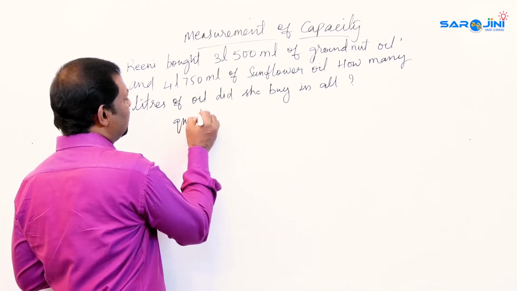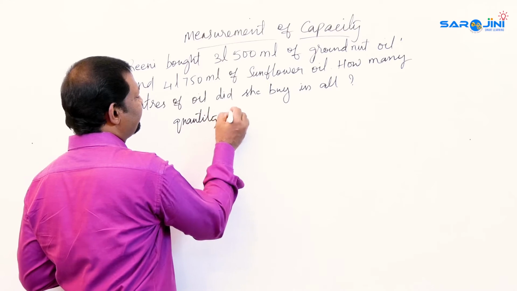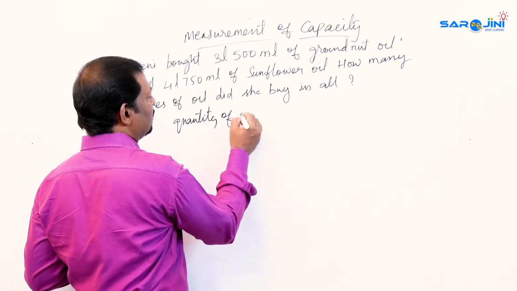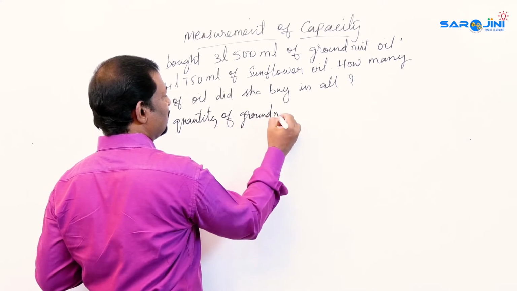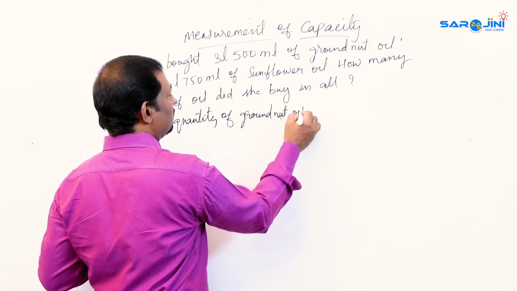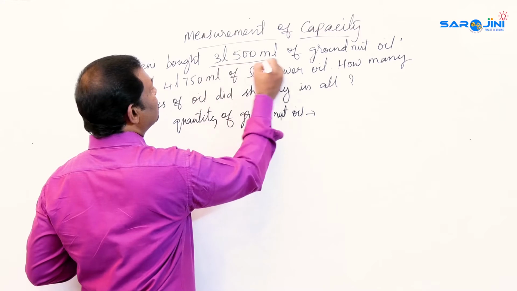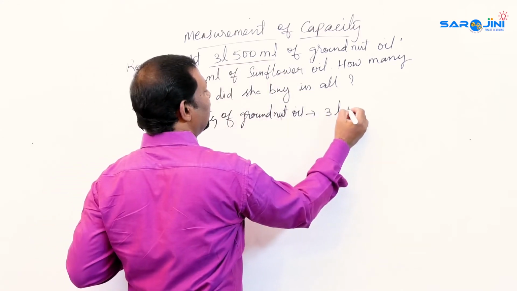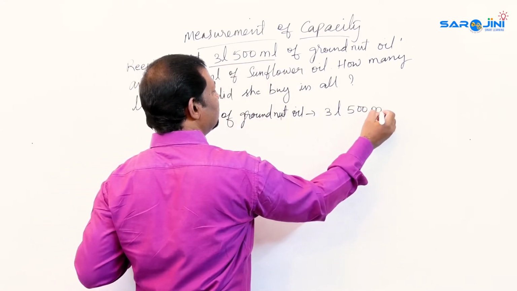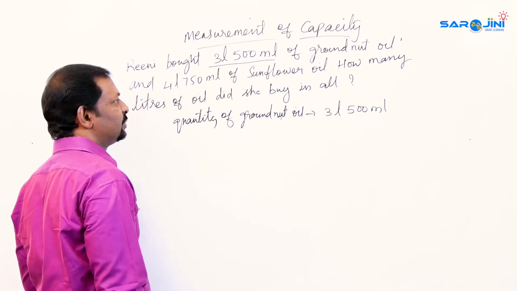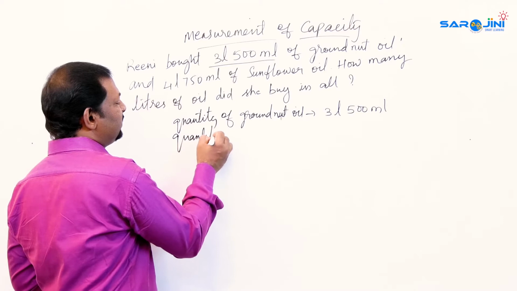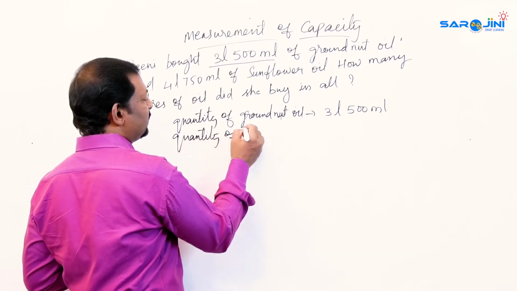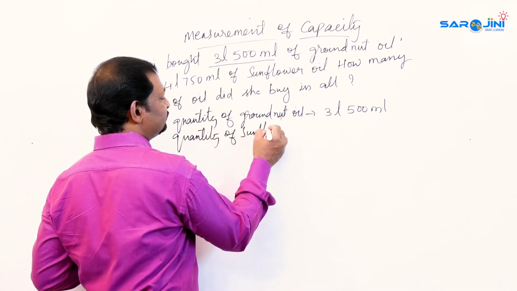You can write quantity of groundnut oil is what? 3 liter and 500 ml, right? This is the first part. Second part, quantity of sunflower oil.